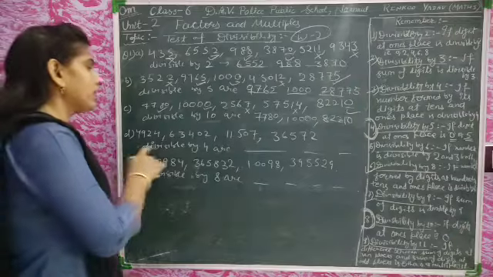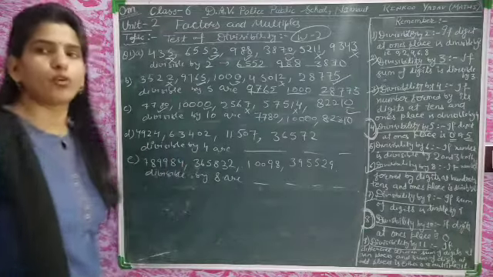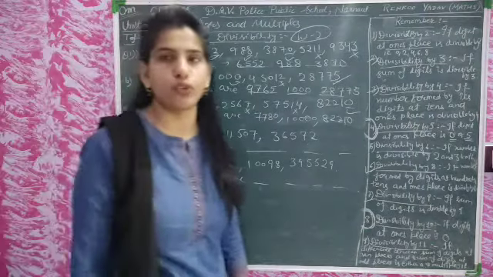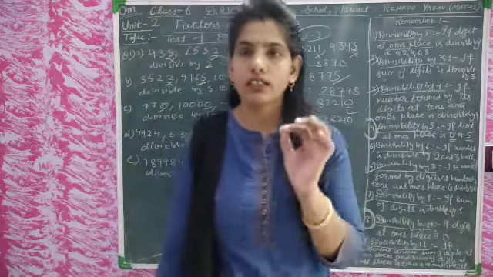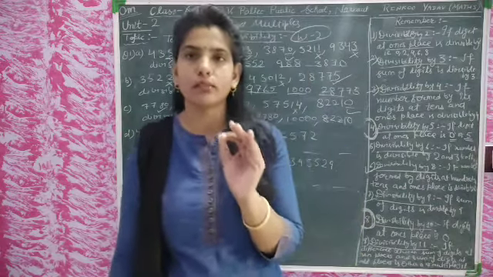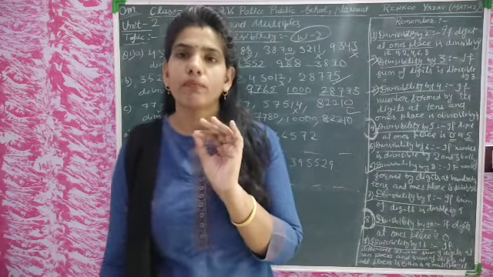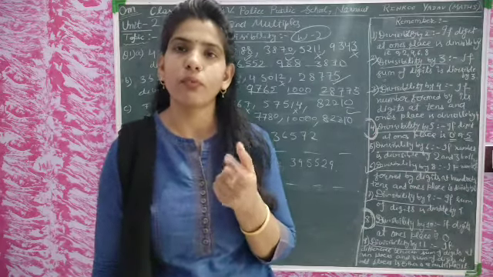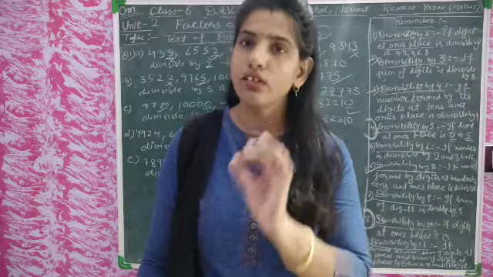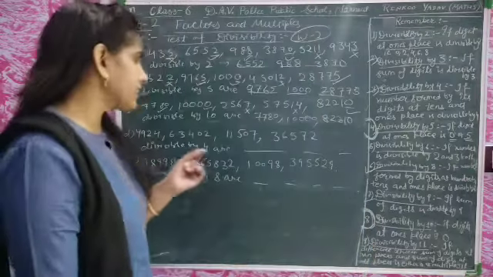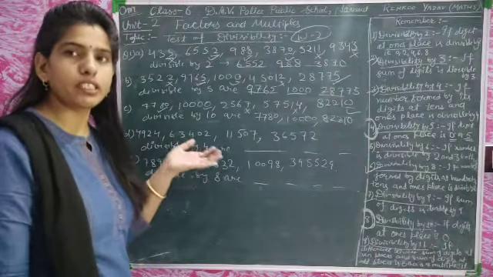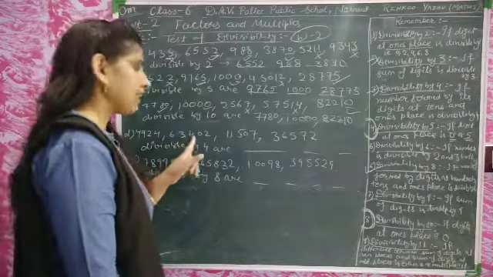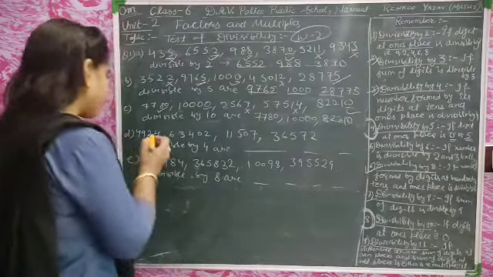Now we come to part D. Divisibility by 4 says that the number formed from the tens and ones place digits must be divisible by 4. Then that number is divisible by 4.